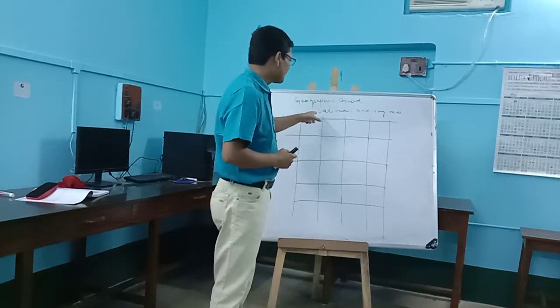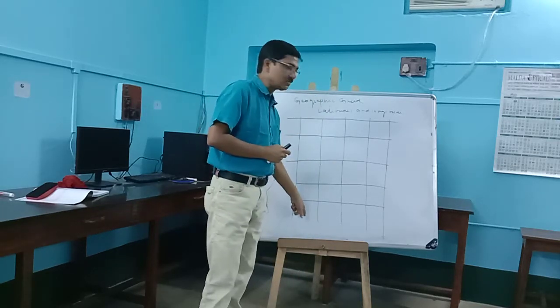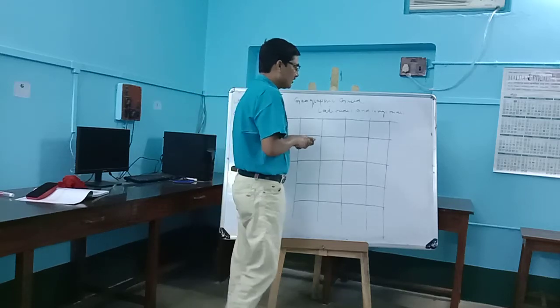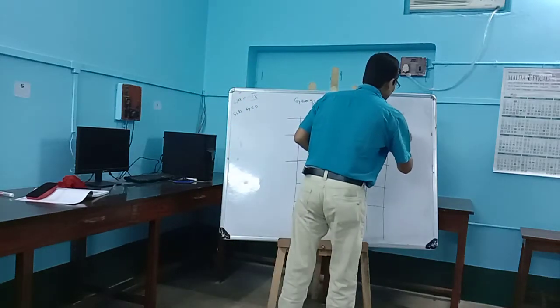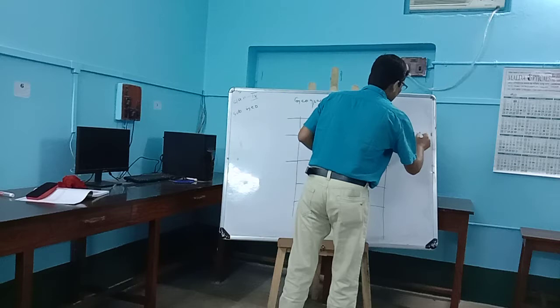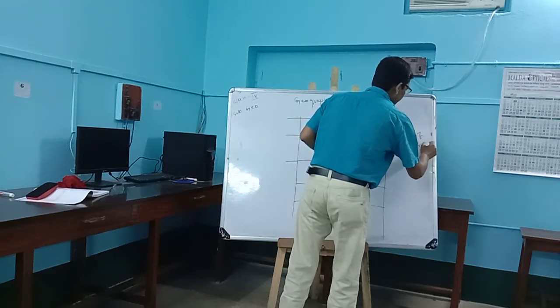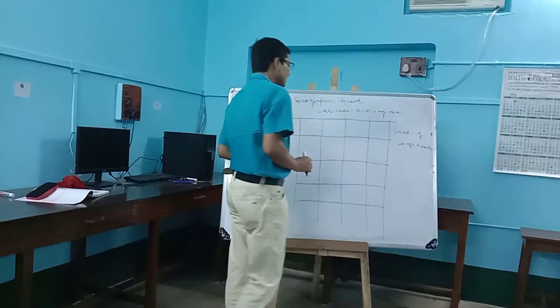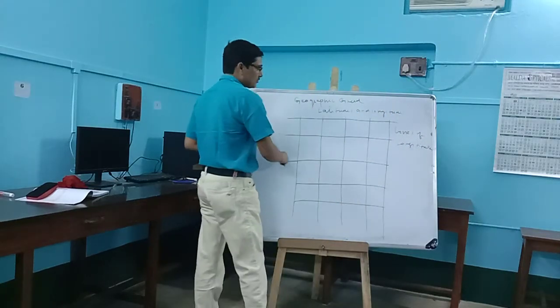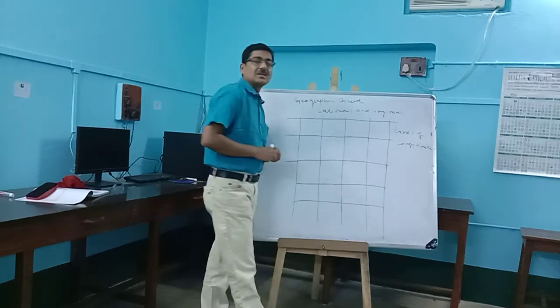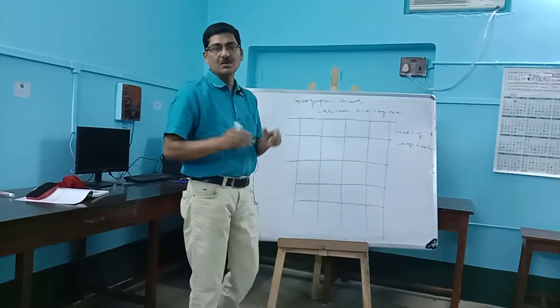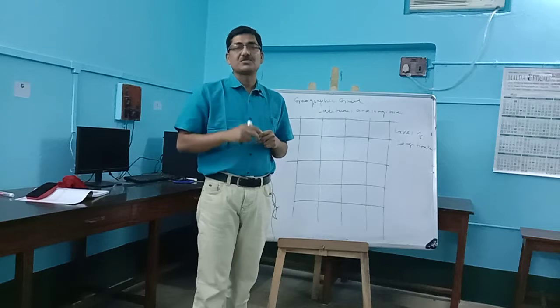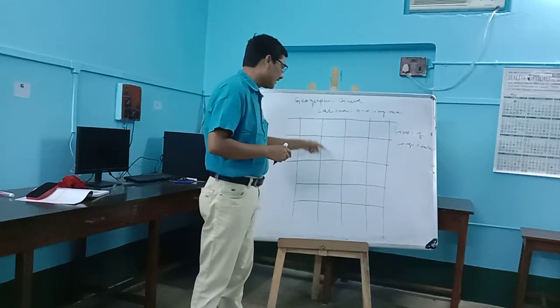So the lines running from north to south are called the lines of longitude. On the other hand, the lines running from east to west are called the lines of parallels or lines of latitudes. These are the reference lines.